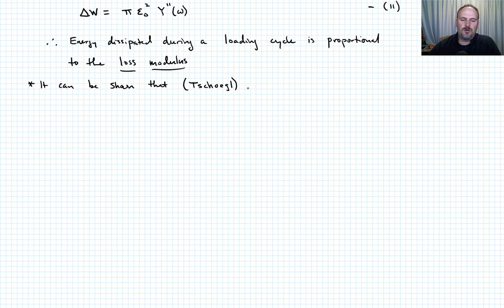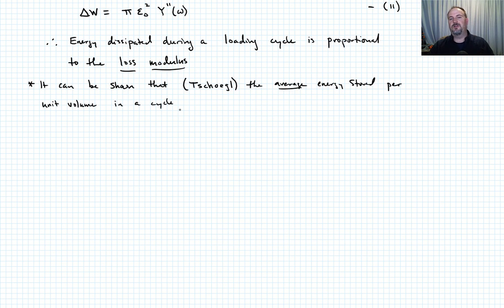But it can be shown that the average energy stored per unit volume in a cycle, because during the cycle we're changing how much energy is stored, and it's additionally complicated by the fact that our stress and strain aren't in phase, so it becomes a challenging problem to compute.